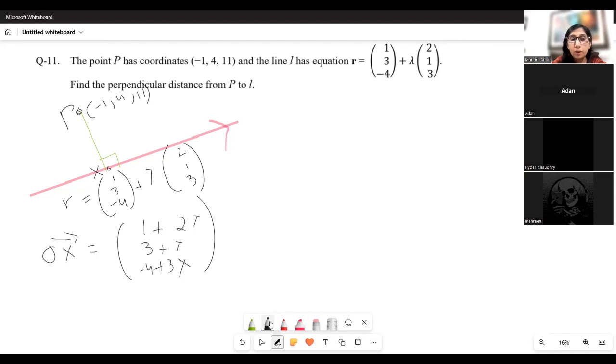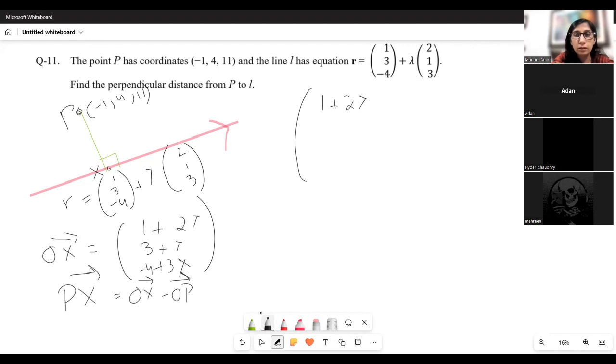Okay. And now I'm going to find Px as well because I need to take the dot product of Px and the red line and equate that to 0 since these are perpendicular vectors. Okay, so Px is going to be Ox minus Op. So it's going to be 1 plus 2 lambda, 3 plus lambda, and minus 4 plus 3 lambda, minus 1, 4, 11.